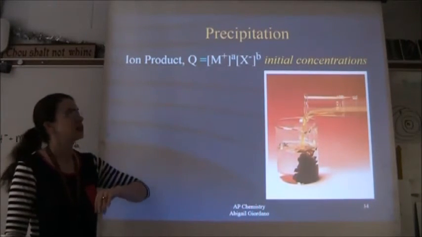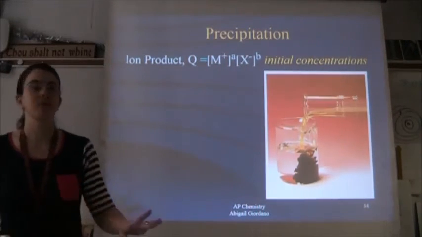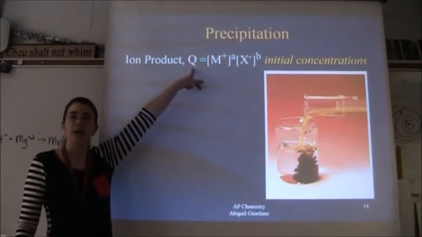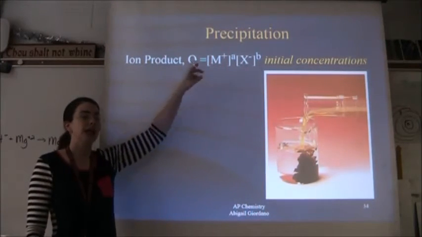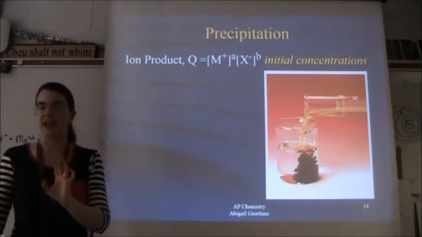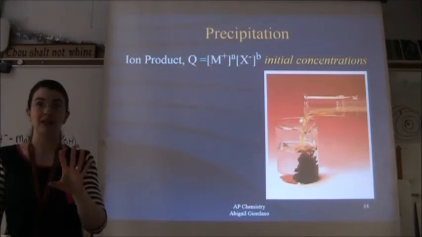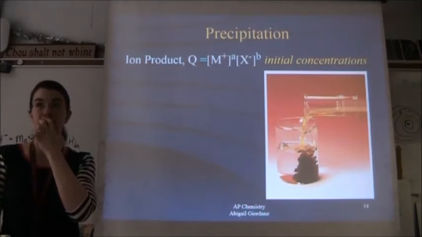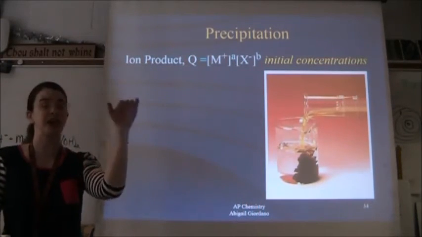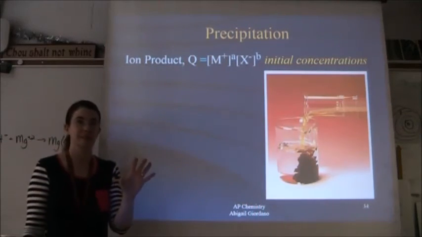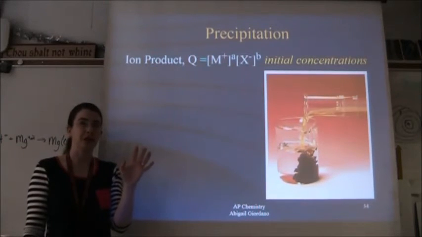Let's see if this rings a bell. Q is calculated exactly in the same way that K, your equilibrium constant, is calculated. Products divided by reactants. Are some of those bells starting to jingle a little?